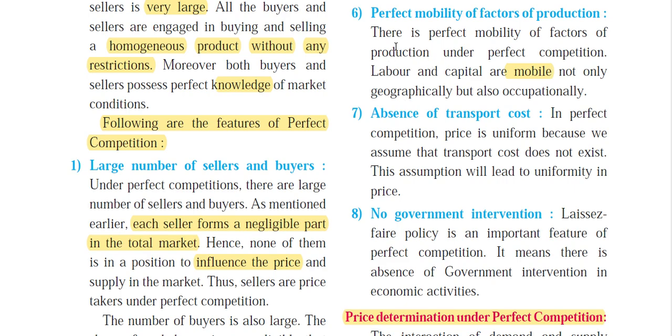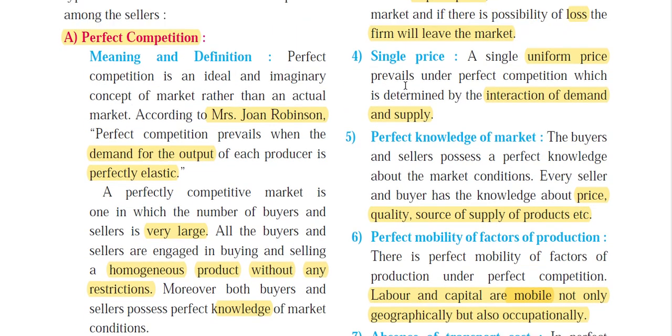The assumption is that labor and capital are mobile, not only geographically but also occupationally. Because of this, there will be no transportation cost, because where you are producing the goods, there only you will be selling the goods. This is all done for one major reason, so that all the prices will be the same.